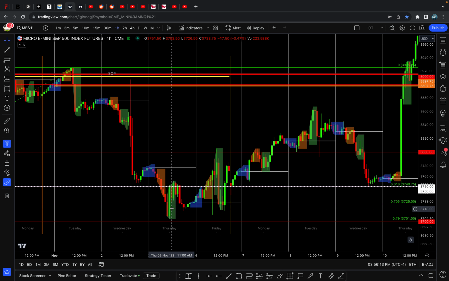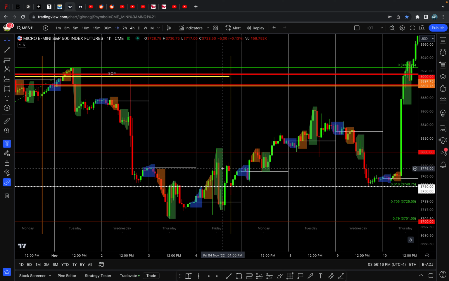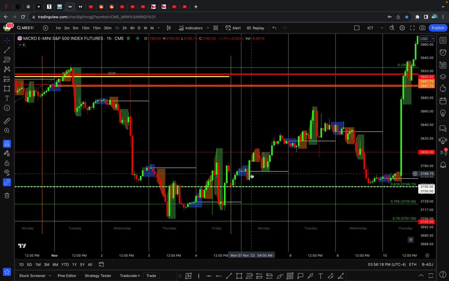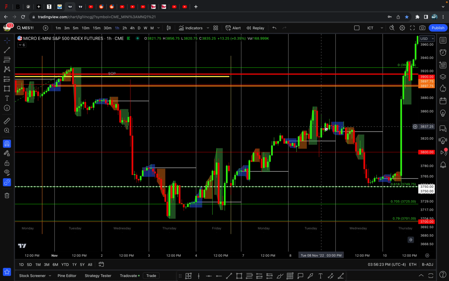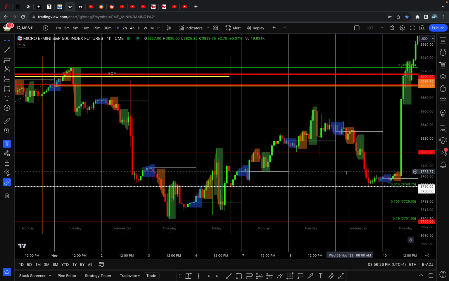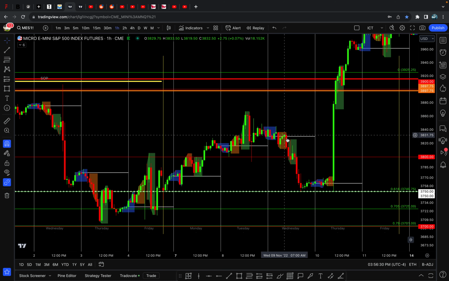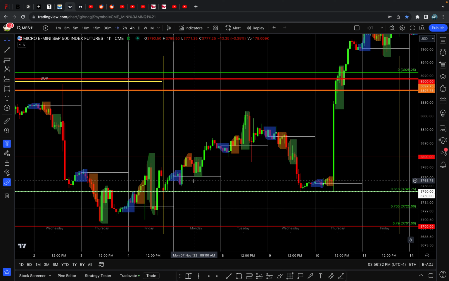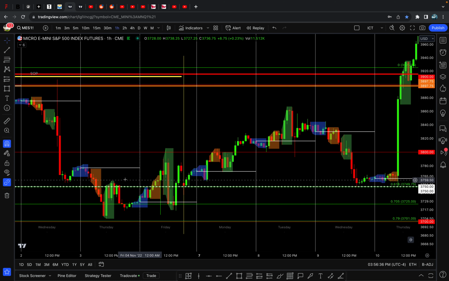Pattern repeats here. Same thing here. Same thing here. Same thing here. There was a pattern I was looking at between these.